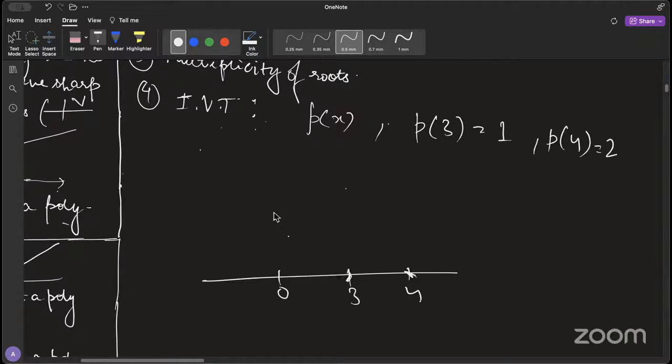That means at p of 3 you have this value 1, and at p of 4 you have this value 2, right?